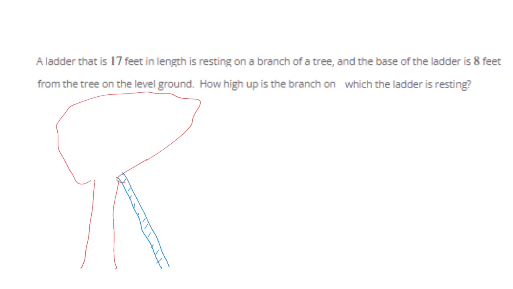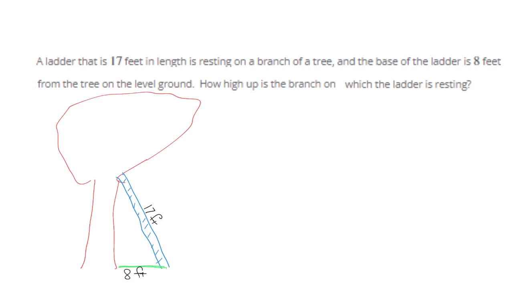Now it tells me that the ladder is, what did it say? 17 feet in length. So that's 17 feet. And the base of the ladder, so that's down at the ground, is 8 feet from the tree. Okay, so we're talking this distance right here. That's going to be 8 feet.